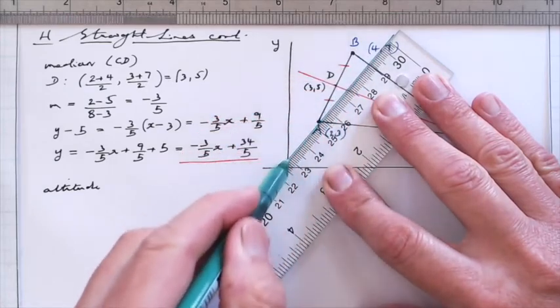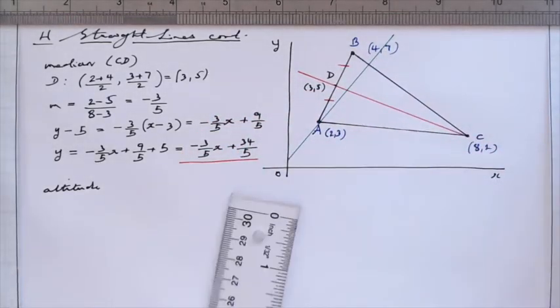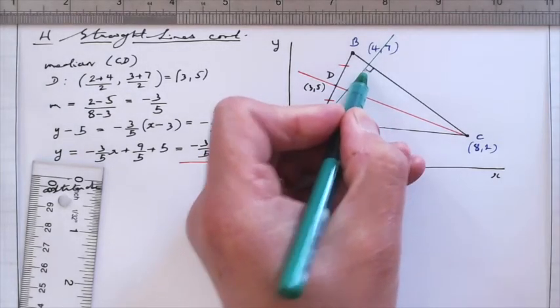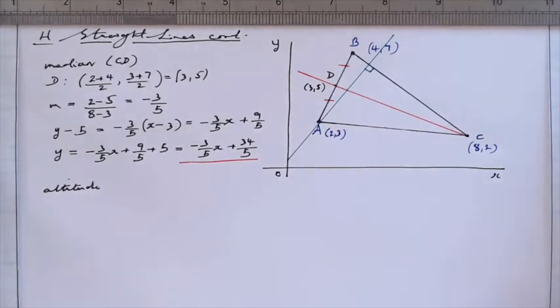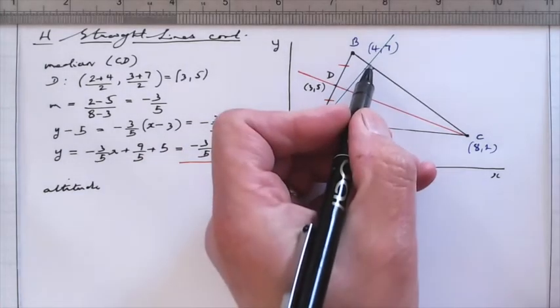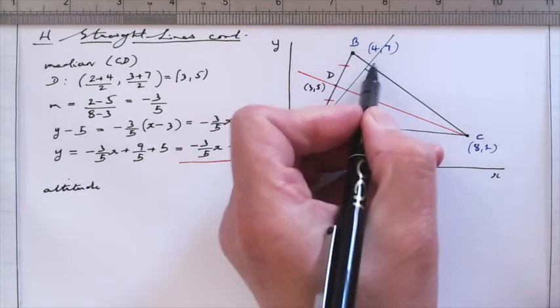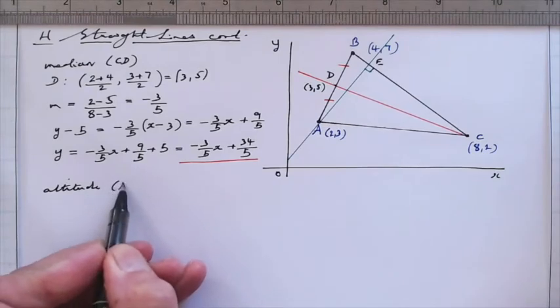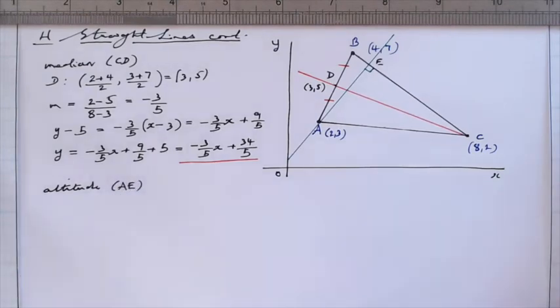Here's the altitude through A. And by definition, it cuts through the opposing line at a right angle. Okay, pretty good. Let's say that this point here is E, just so we have something to point to. So the altitude we're considering is AE here.